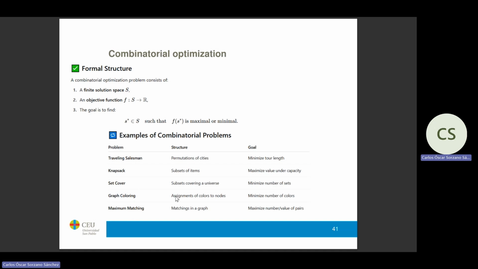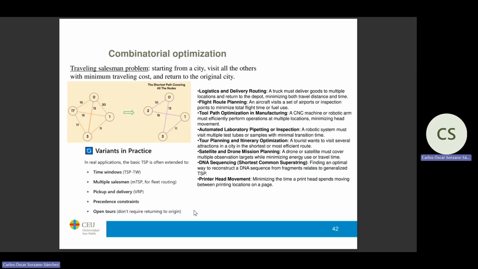Graph coloring: you will see that problem better with the figure. Maximum matching, again, you will see it later. So here I'm presenting the problems. I'm not proposing the solution for each one of these problems. There are specific algorithms belonging to this combinatorial family that explore the possible solutions.